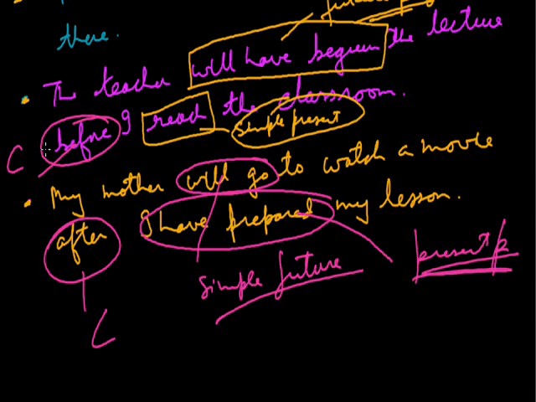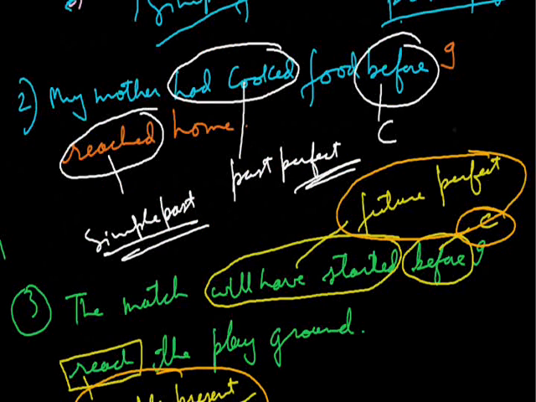So in this way we can see that different tenses will be used, or we can say in a single statement at times two tenses will be provided to us. The whole idea is to identify those tenses and accordingly supply the correct tense.